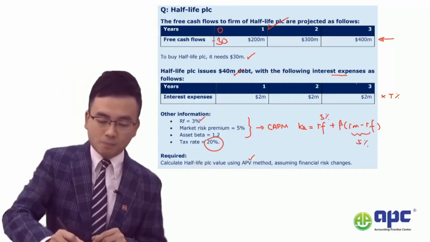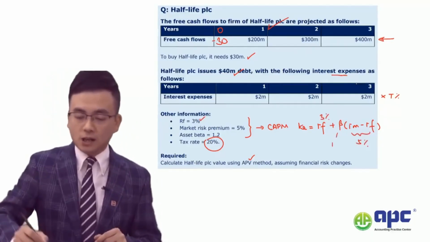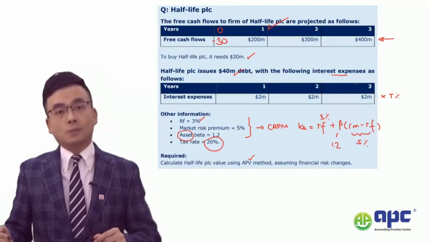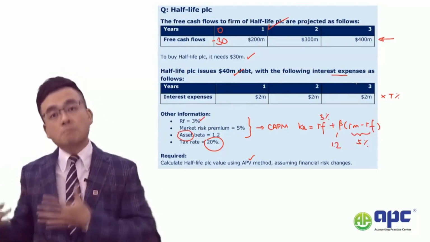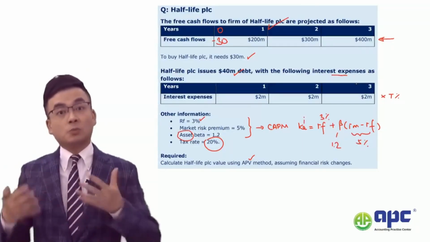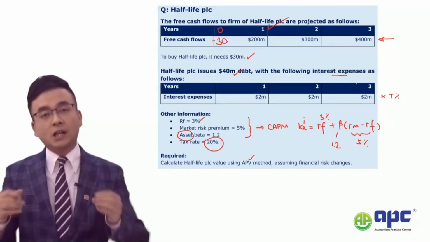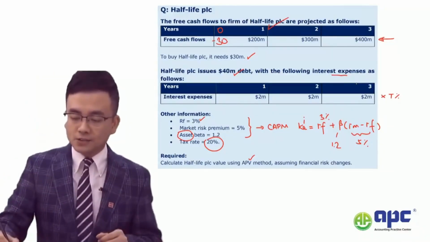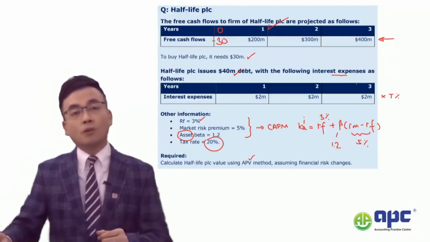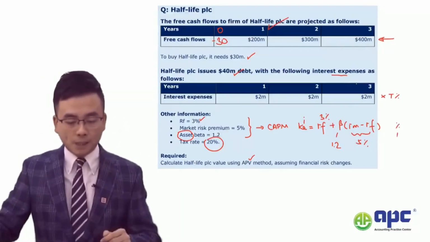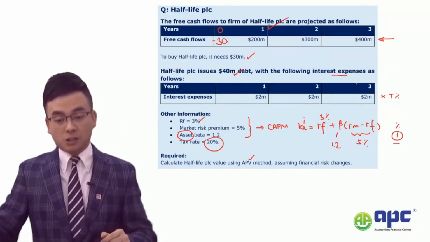Oh, it's the asset beta, which means we calculate KEI, the cost of equity with the debt element removed. We simply slot that into the calculator and use it as the discount rate in our step number 1. That will always be a 1 mark calculation.